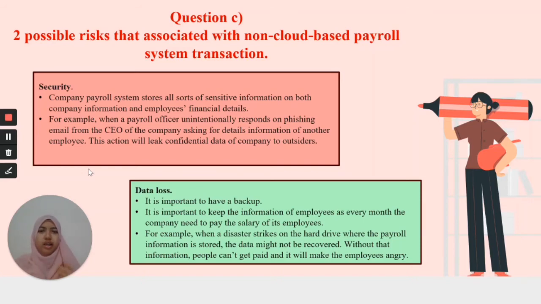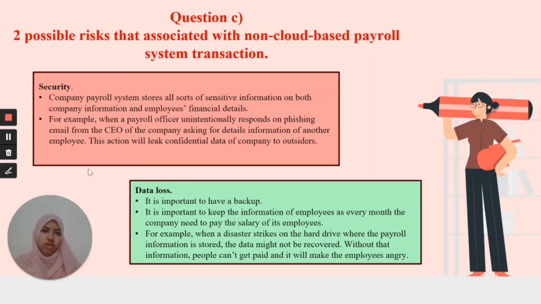If the data is lost, how can the company pay the salary of its employees? For example, when a disaster strikes the hard drive where the payroll information is stored, the data might not be recovered when there is no backup.